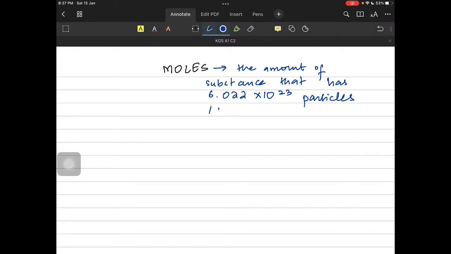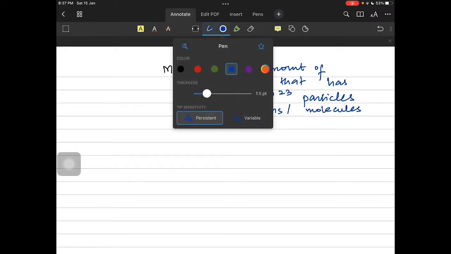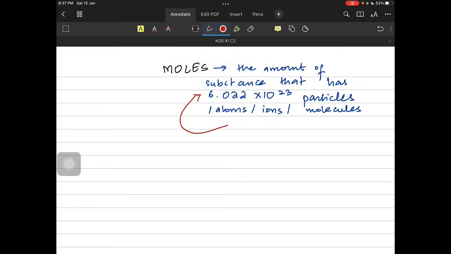We are talking about atoms over here, ions over here, or perhaps molecules over here. And this 6.022 × 10^23 is a fixed number in 1 mole of literally anything.